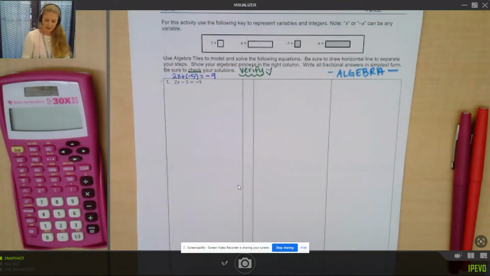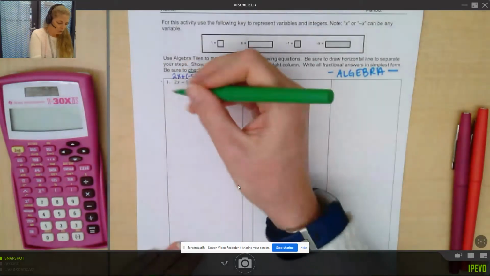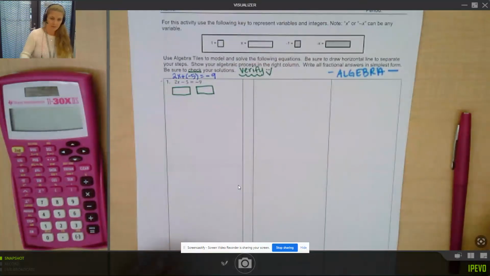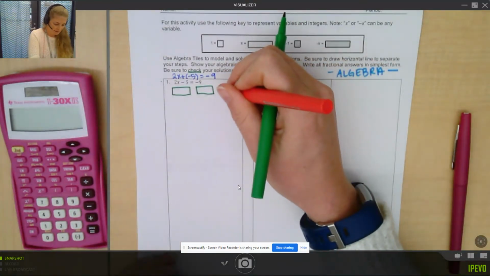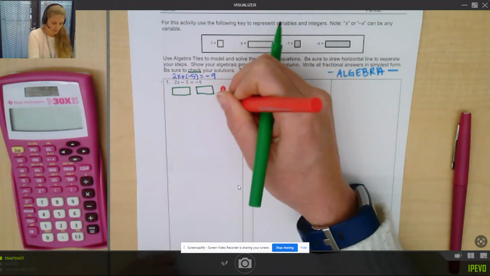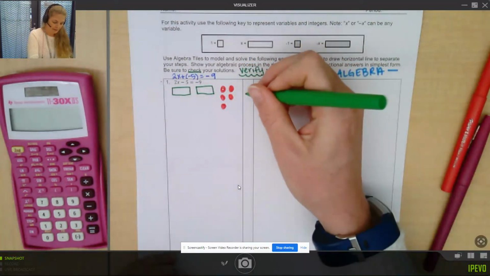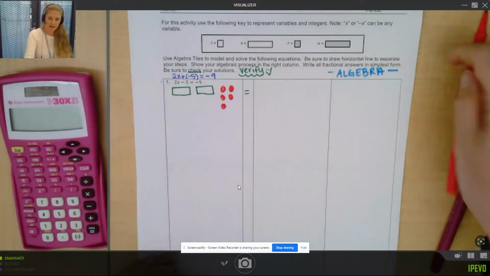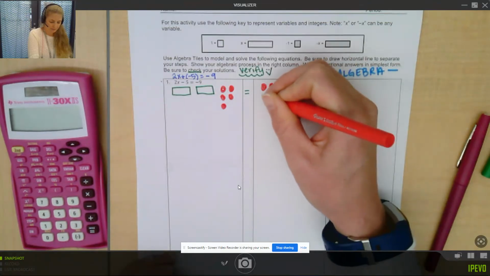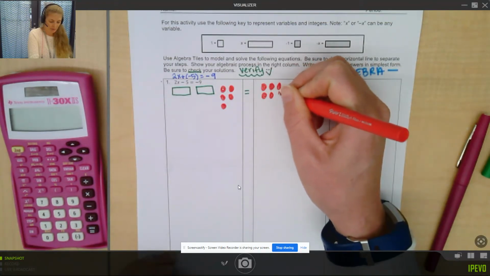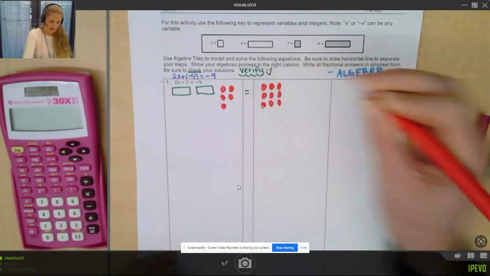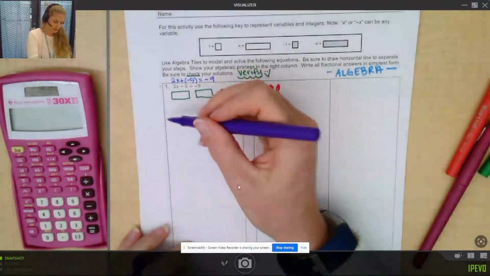This way, I can draw in two positive rectangles on the left, 5 negatives, and you can just color those in, 1, 2, 3, 4, 5, and this is equal to 9 negatives. So I'm going to show 3 groups of 3, because sometimes when you are modeling, grouping them together helps communicate clearly. And that is one step.